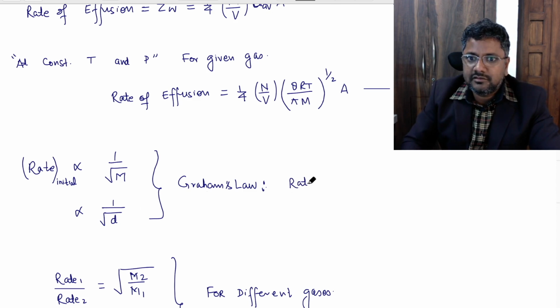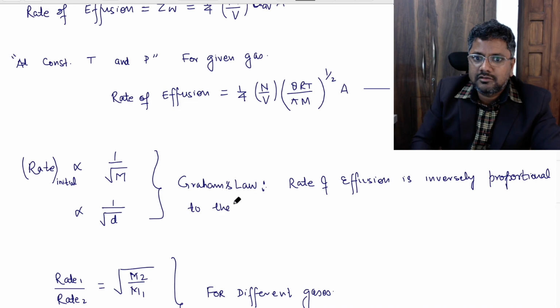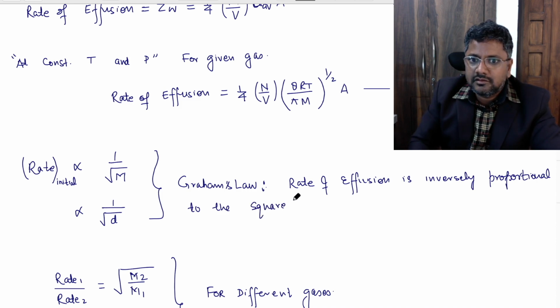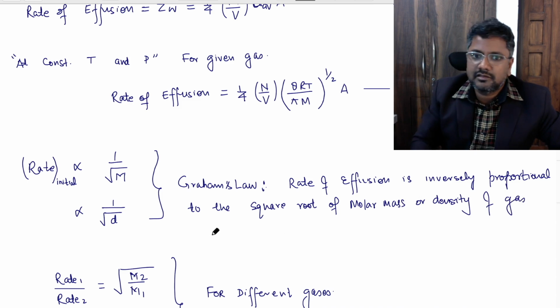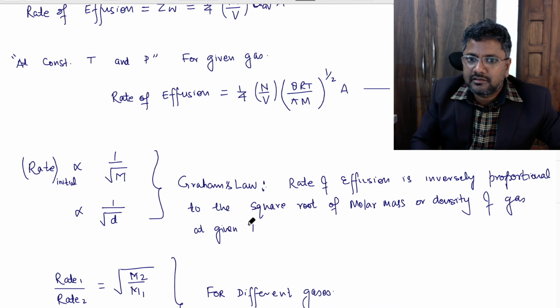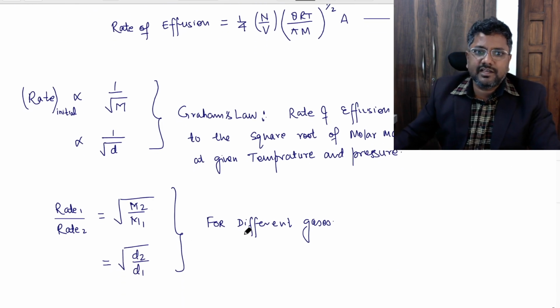So the rate of effusion is inversely proportional to the square root of molar mass or density of gas at given temperature and pressure. Right? For different cases, we can compare by using this formula.